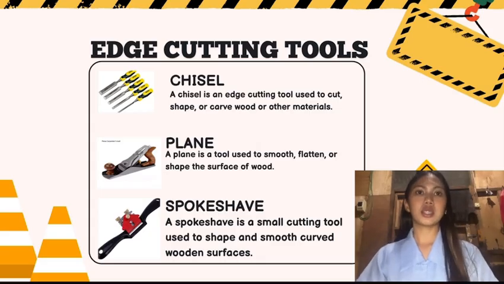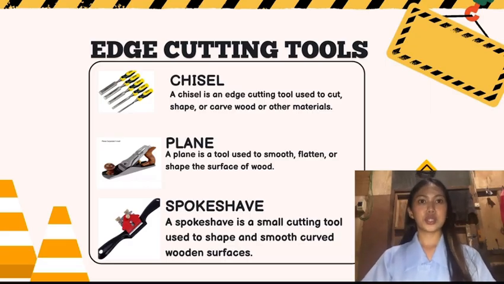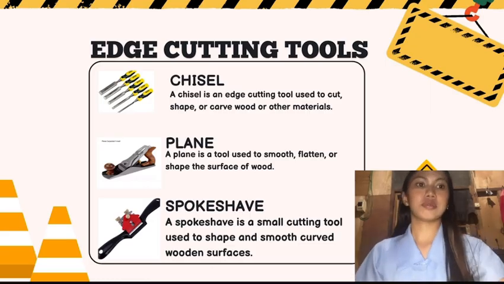Next is plane. A plane is a tool to smooth, flatten, or shape the surface of wood. Next is spokeshave. A spokeshave is a small cutting tool used to shape and smooth curved wooden surfaces.